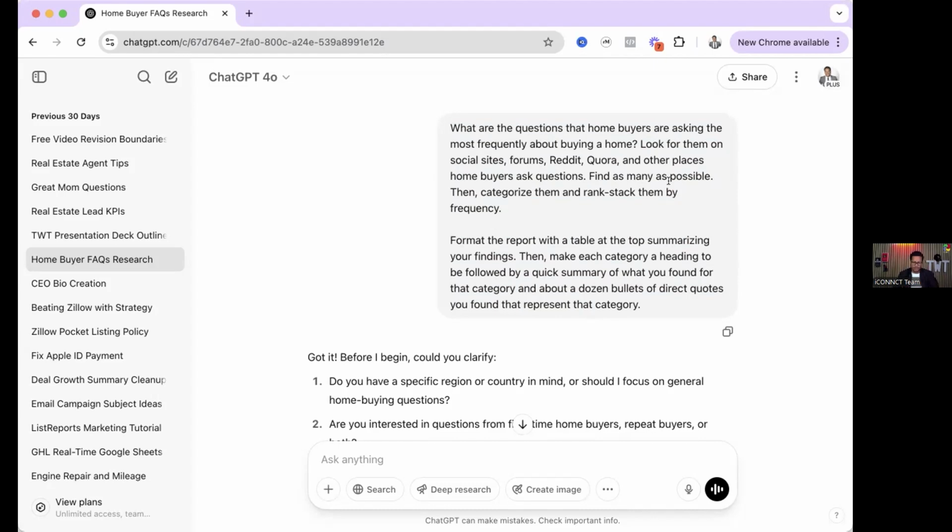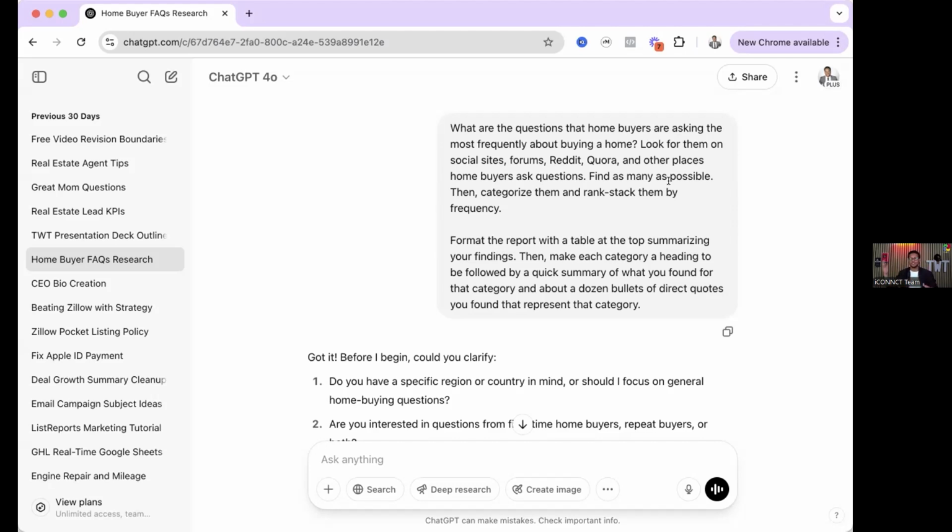Look for them on social sites, forums, Reddit, Quora, and other places where home buyers are asking questions. Find as many as possible, then categorize them and rank them by frequency. Basically I'm telling it to go find the questions that my audience is asking online, because there's a ton of forums online.